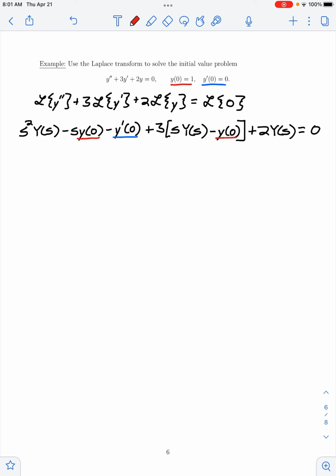So applying these initial conditions, I have s squared times the Laplace transform of y minus 1s minus 0 plus 3 times s times the transform of y minus 1 plus 2 times the Laplace transform of y, and this is equal to 0.